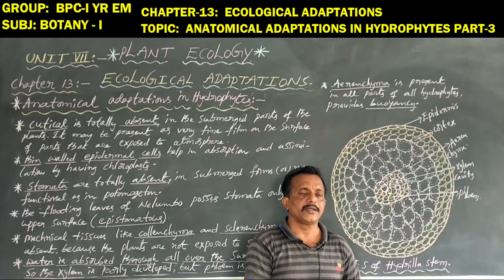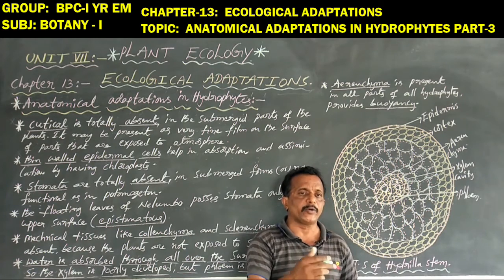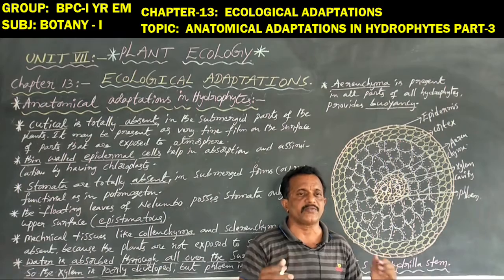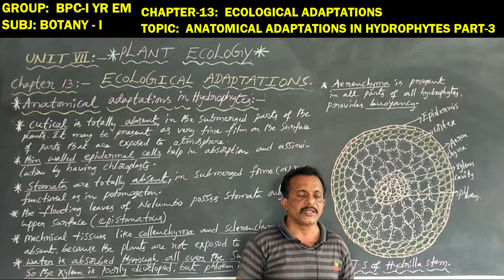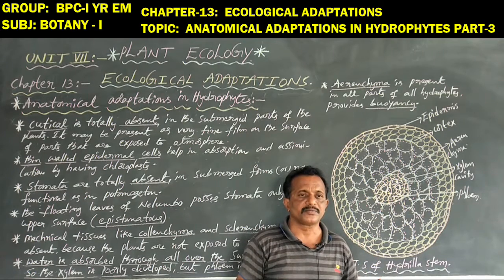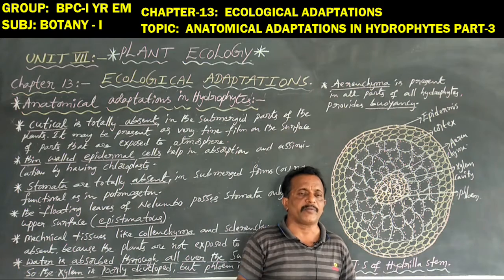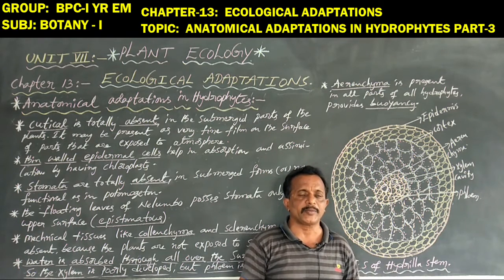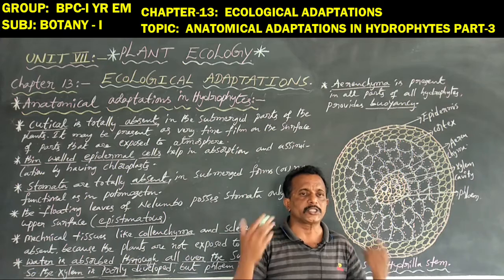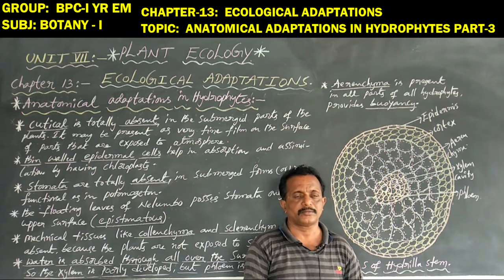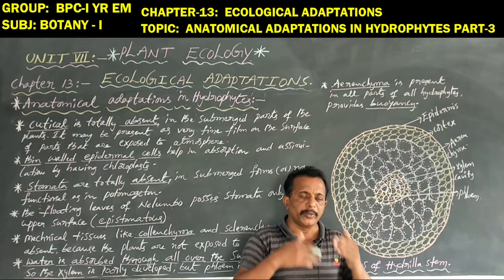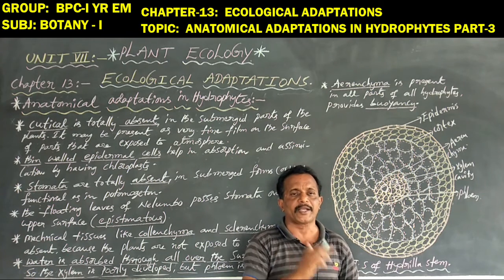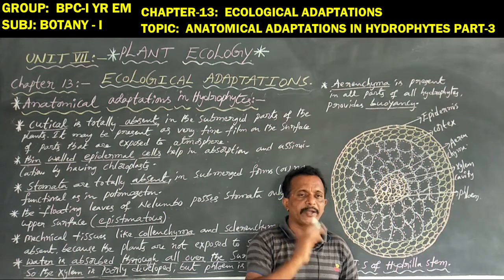In the early stage of aerial plants, the plant body is totally made up of parenchyma, so it is always delicate and soft. After the maturity period, the branches and the entire plant body are made up of sclerenchyma and collenchyma, so it becomes strong and hard. So in all higher plants, parenchyma is developed first, and after maturity, collenchyma and sclerenchyma are developed as parts of the plant body.